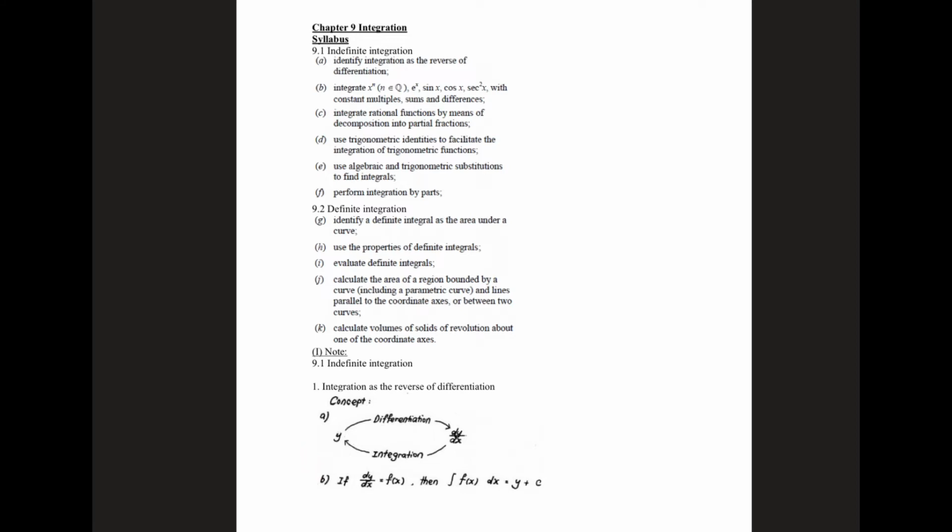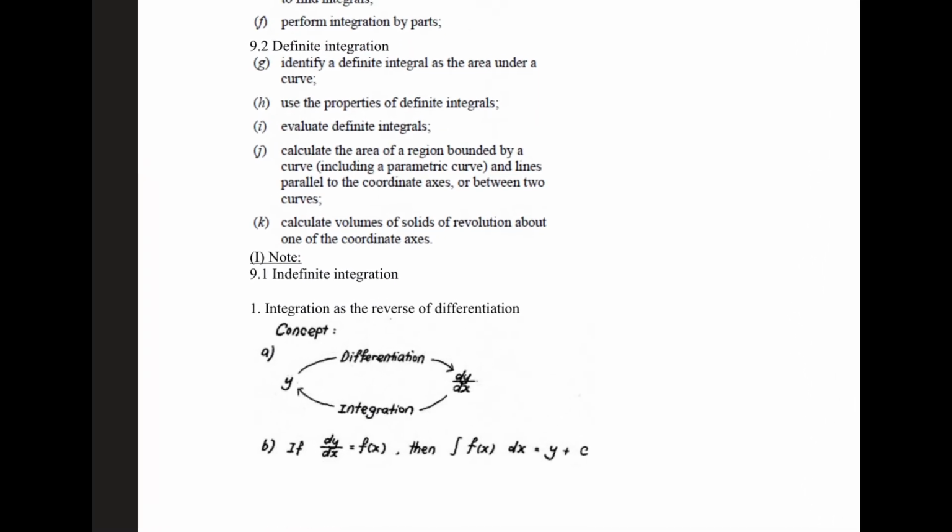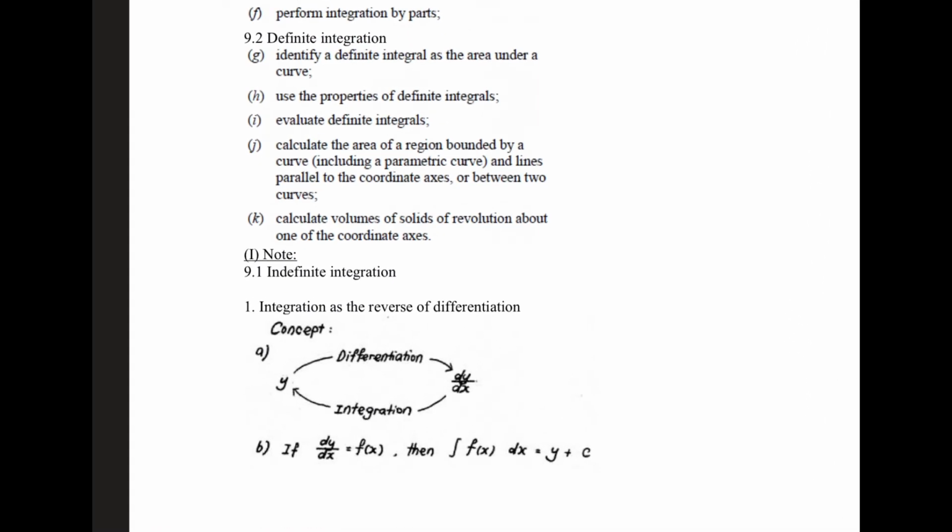Now we look at part B. If dy dx equals f(x), then the integral of f(x) dx equals y plus c. It means you integrate the derivative, then you will get y plus c.